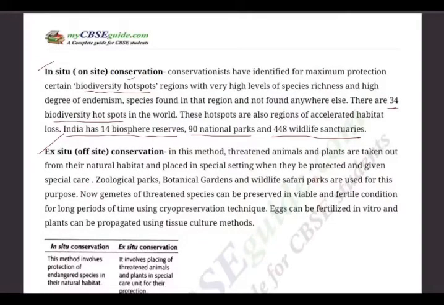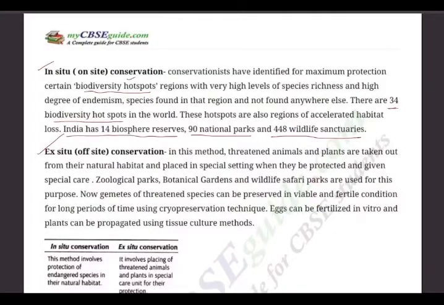So basically, on-site or in situ is conservation and protection of the whole ecosystem and its biodiversity at all levels in order to protect the endangered or threatened species. Two methods are being used to save biodiversity: hotspots and protected areas.